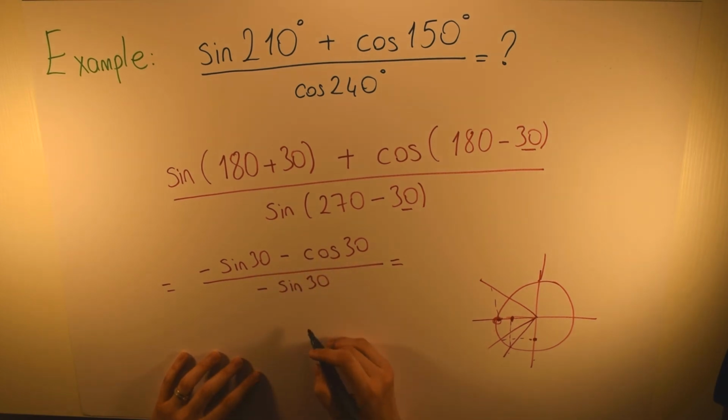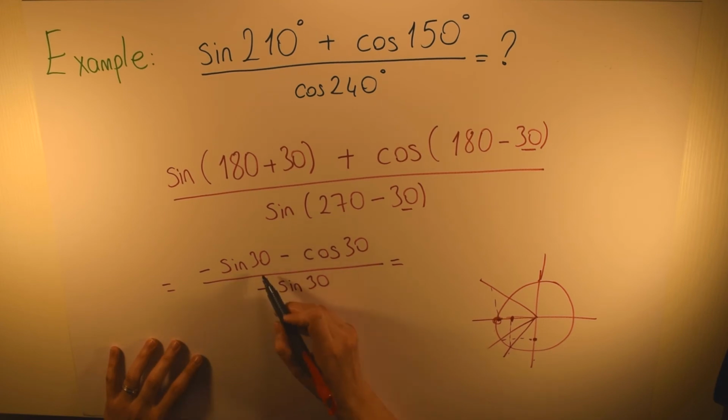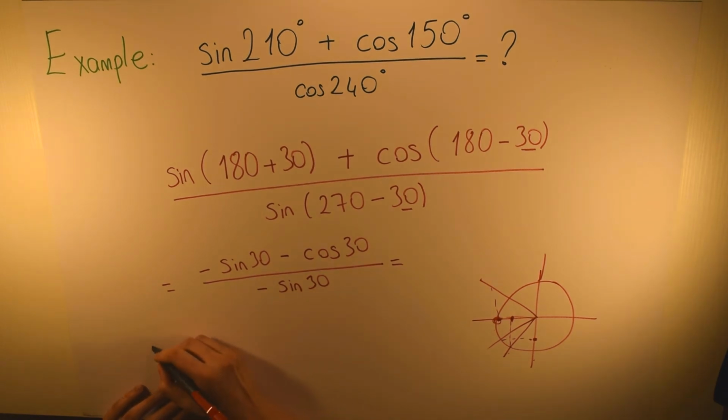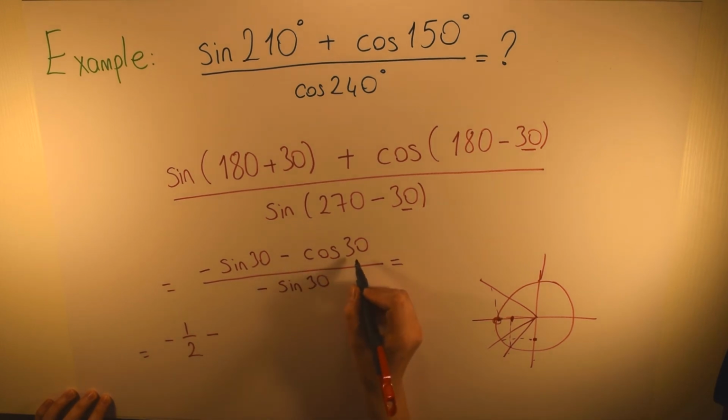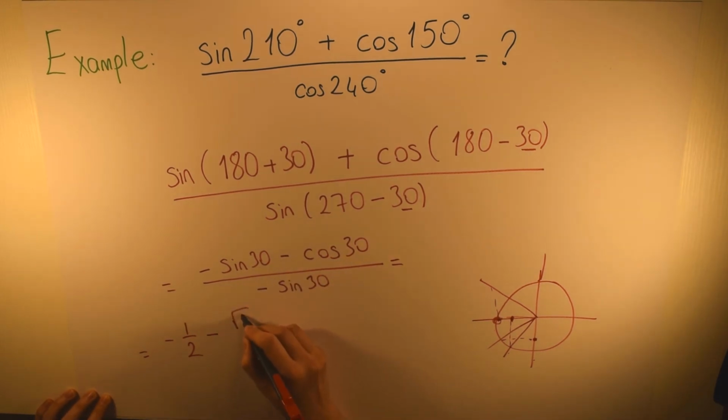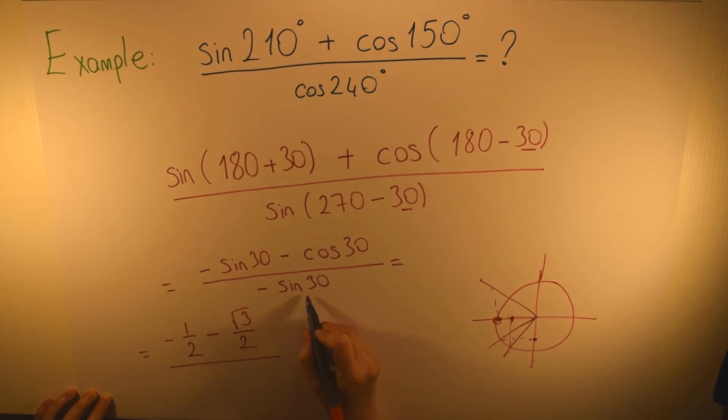So let's put their values. Sine 30 is 1 over 2. So let me write them here. This is equal to minus 1 over 2 minus cosine 30, which is square root of 3 over 2, over sine 30, which is minus 1 over 2.